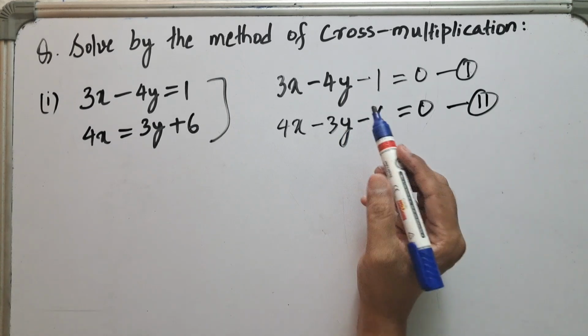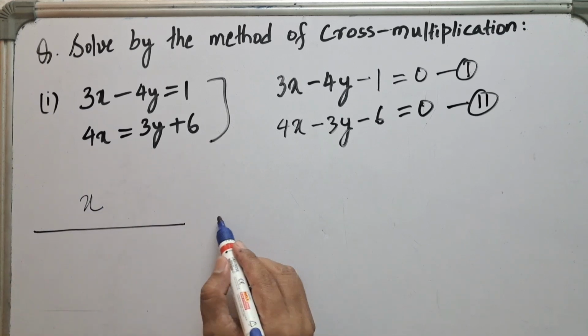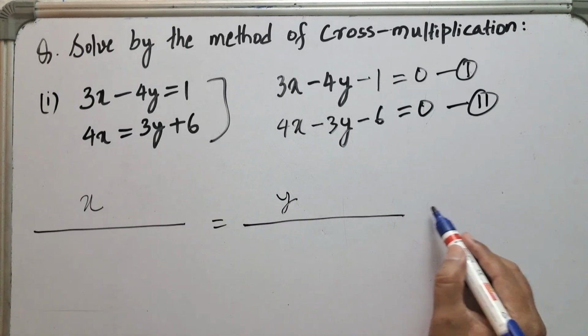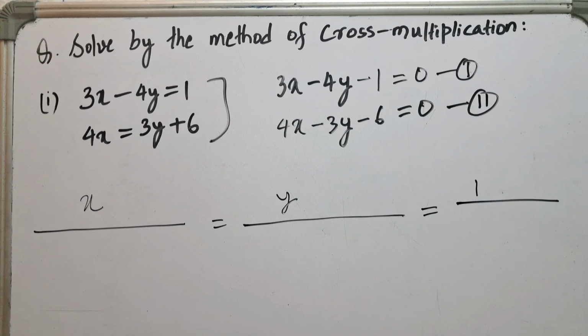First we write x upon, equal to y upon, equal to 1 upon. After that we write the numbers in the denominator of x.